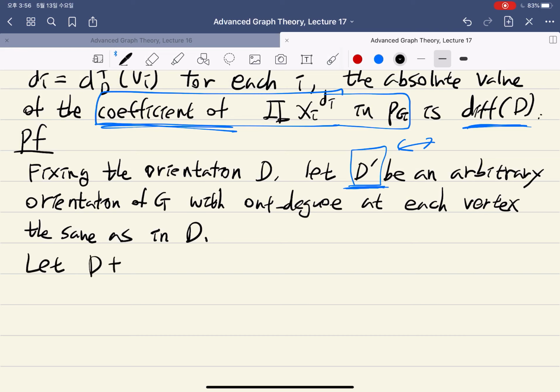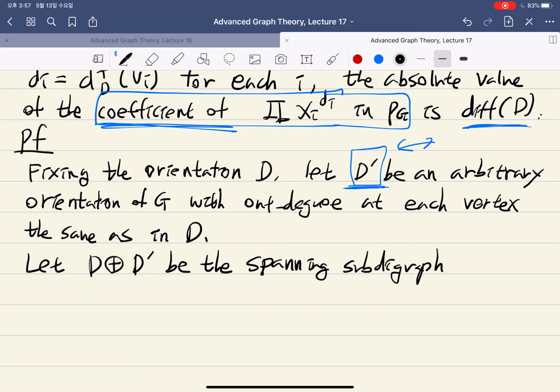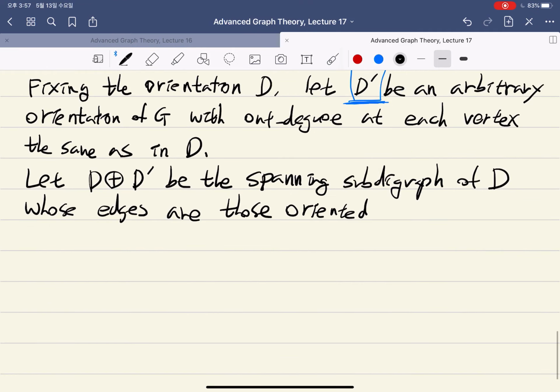And let D plus D prime be the spanning subdiagram of D whose edges are those oriented in an opposite way in D and D prime.